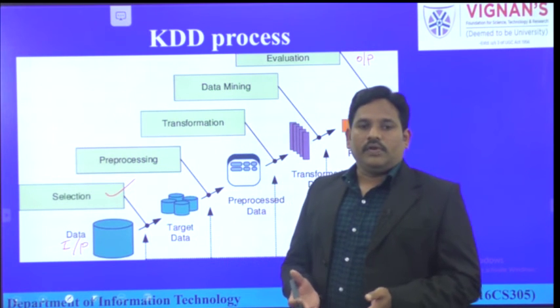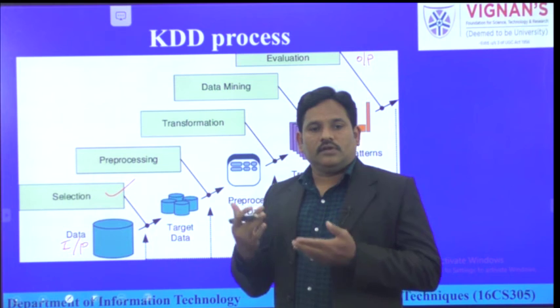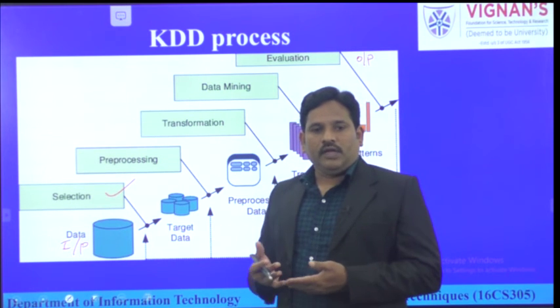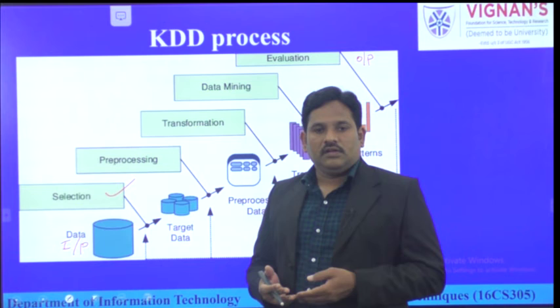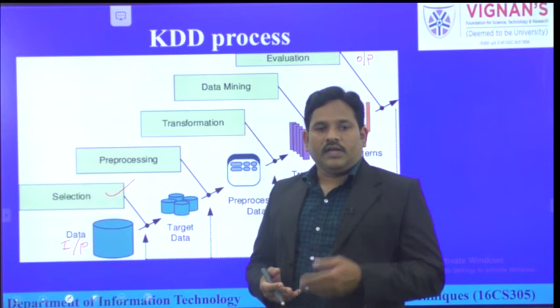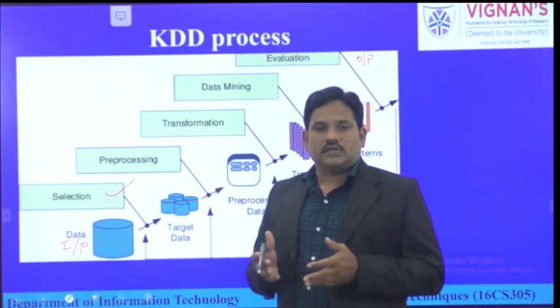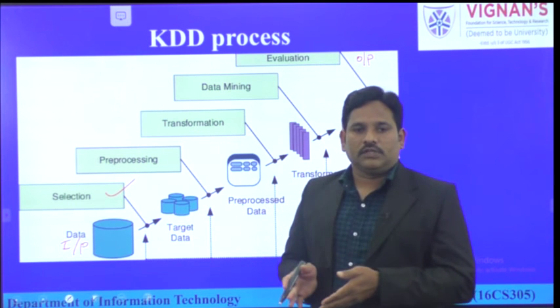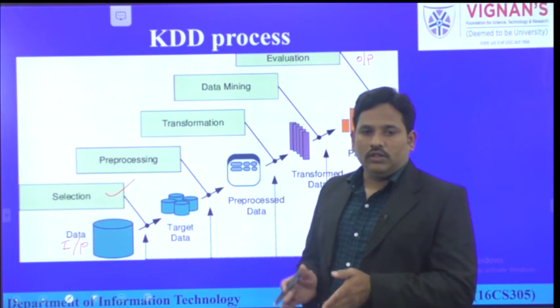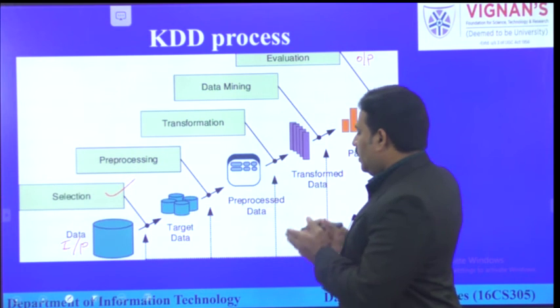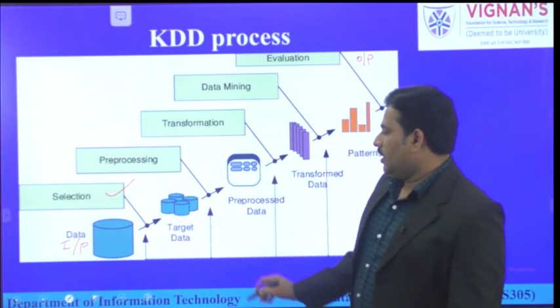Or we can say we are collecting data from various locations. Related to a particular company, we are collecting sales data, marketing data, financial data, R&D data. All data are being stored in a single location, and we want to use all these data elements or data sources for analytical activity.